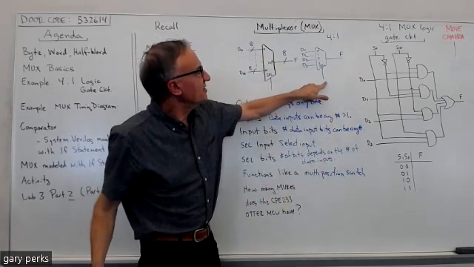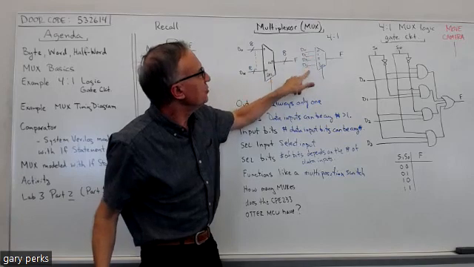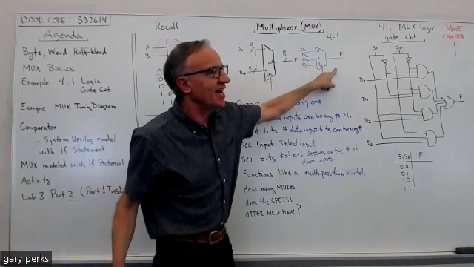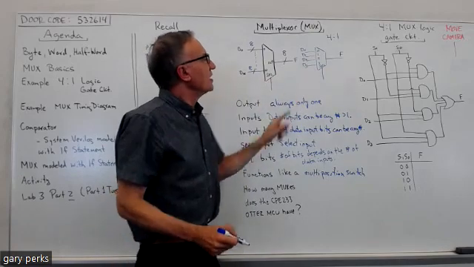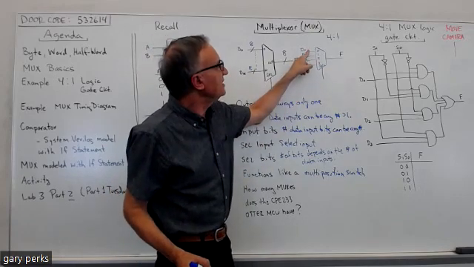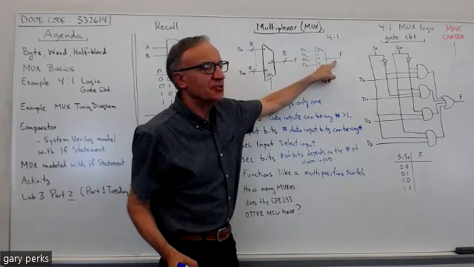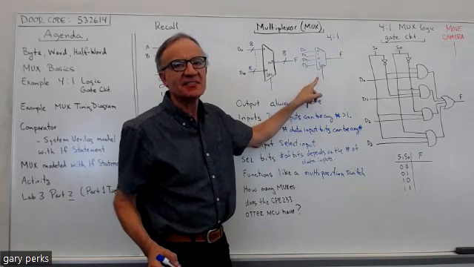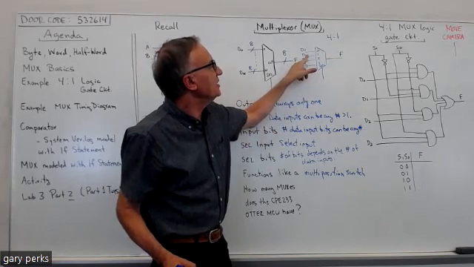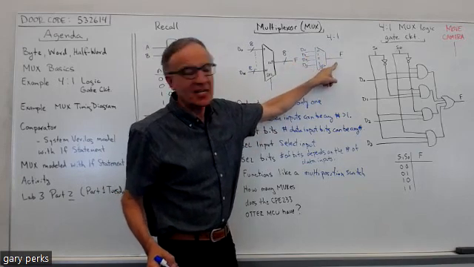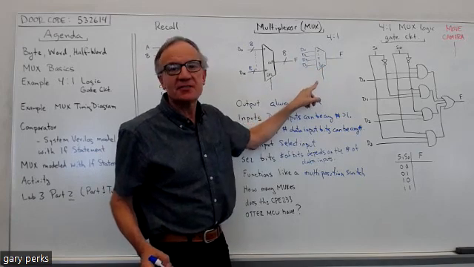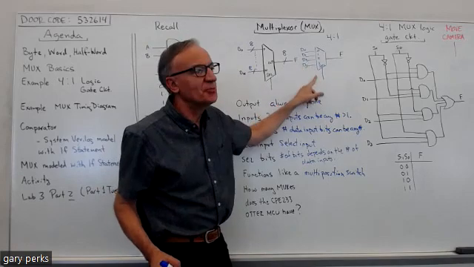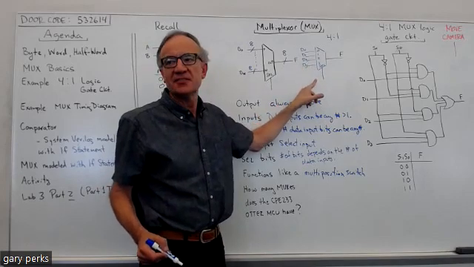The select bits are going to determine which one of these multiple data inputs gets connected to the output. If I want D0's data to be connected to the output, I have to put a binary 0 on this select. If I want data D1 to be at the output, I have to put a binary 1. If I want D2, I need to put a binary 2 on this. If I want D3, I have to put a binary 3 on this.